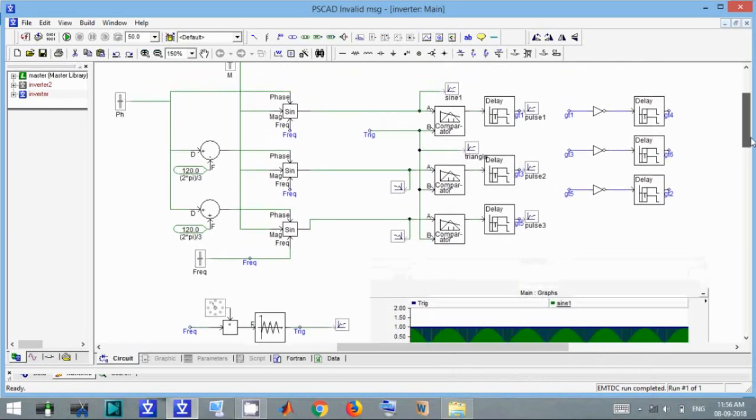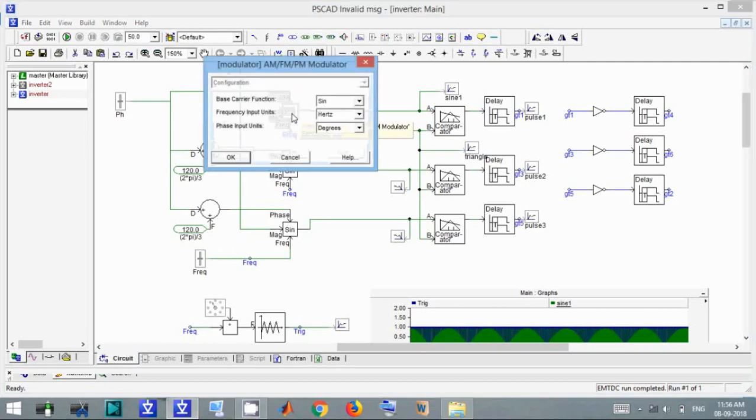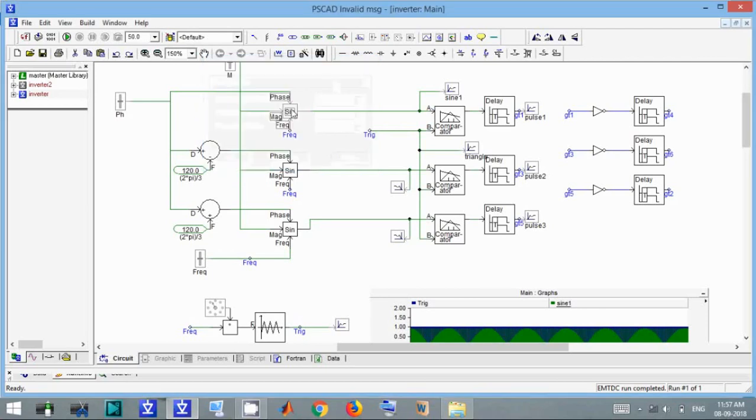First we have to make a sinusoidal waveform, sinusoidal waveforms for different phases. For that, this is a sinusoidal amplitude AM, FM, PM modulator, and we can make a sinusoidal waveform from this.